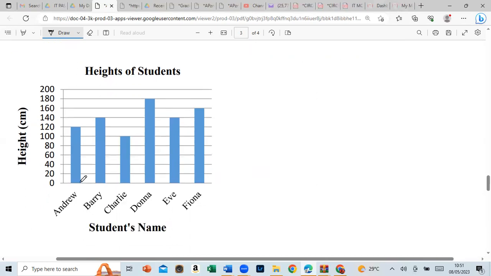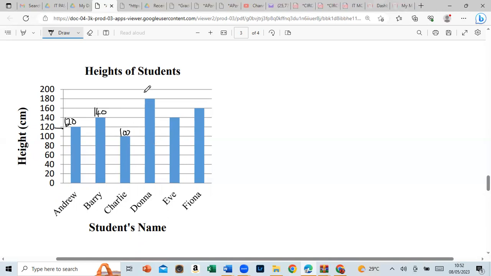Alright, so they ask for what? The height of the tallest. So what we do, we look for the tallest bar. So we talk about Andrew. Andrew is 120 centimeters. Because what you do, you read it off here, right? Barry is 140. I know they didn't ask to do that, guys, but I just want to enlighten everyone. I'm a teacher, that's what I do.